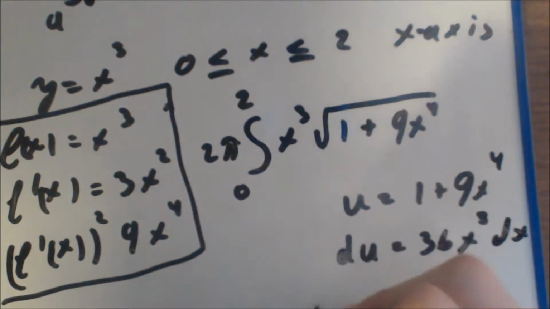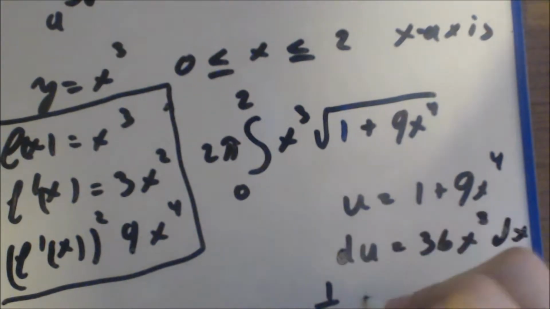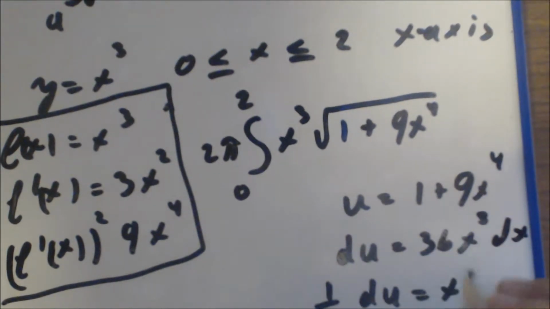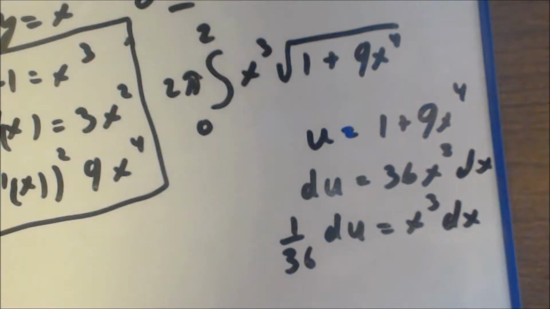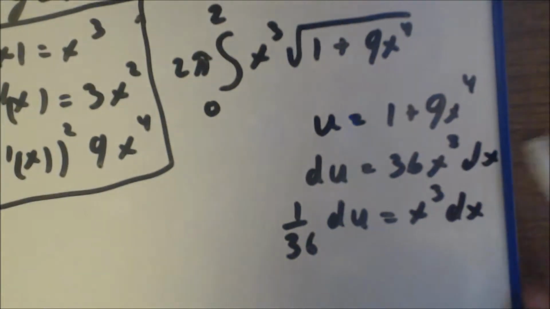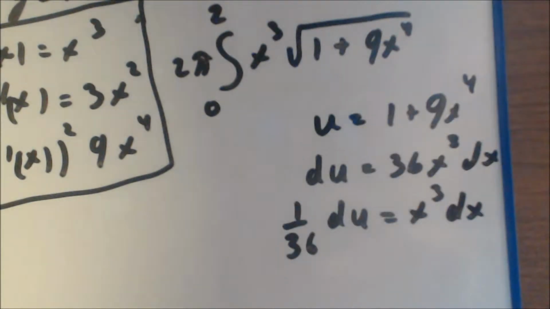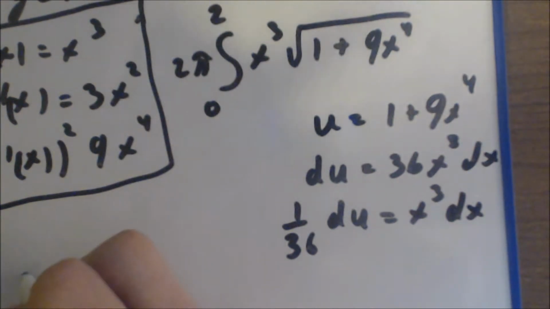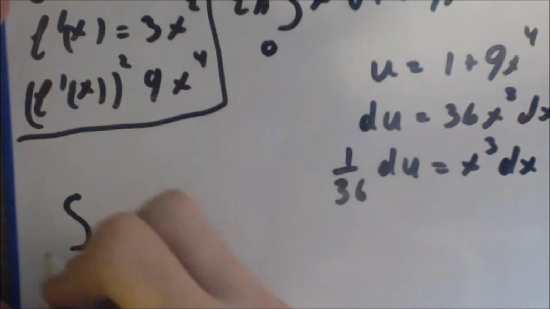If you divide by 36, you get 1 over 36 du is equal to x to the third dx. See how this conveniently lines up, the x to the third and the x to the third. So we're going to be left with the integral from 0 to 2.